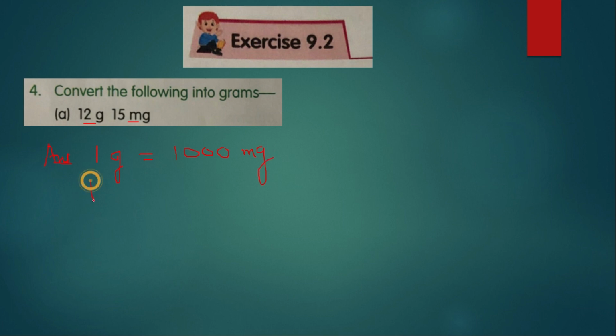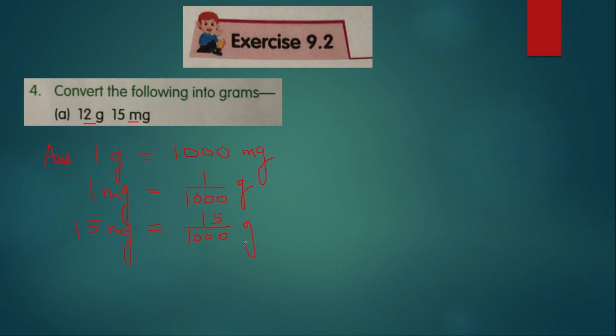So 1 milligram will be, of course, 1 upon 1000 gram. So when we are converting this 15 milligram, because 12 is already in gram, we don't need to convert that. So it will be 15 upon 1000.